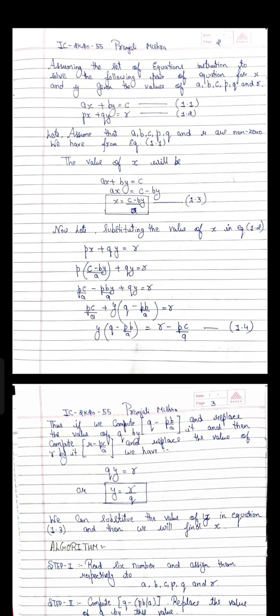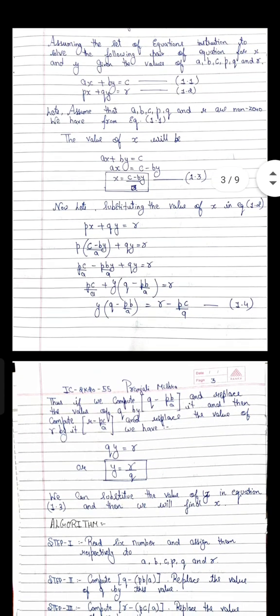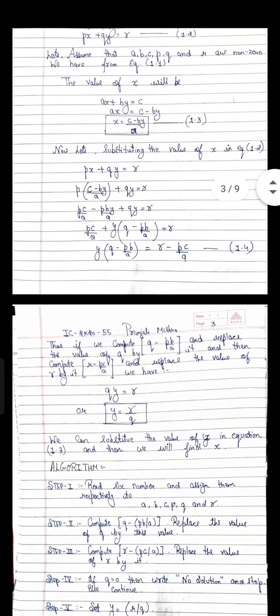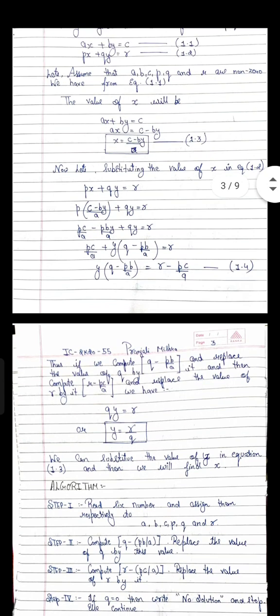From equation 1.1, the value of x will be (c minus by) divided by a. We name this equation 1.3. Now let's substitute the value of x in equation 1.2, p x plus q y equals r. By substituting x, that is (c minus by) upon a, we get y times (q minus pb by a) equals r minus pc by a, which we name 1.4.